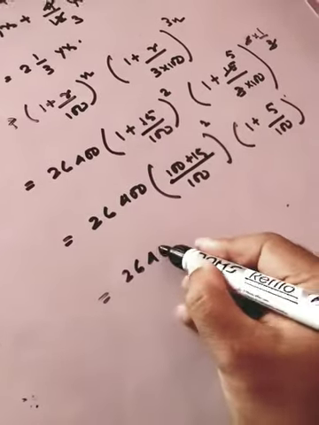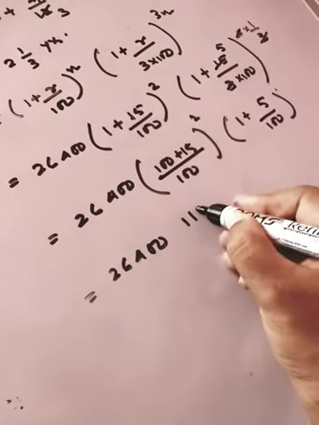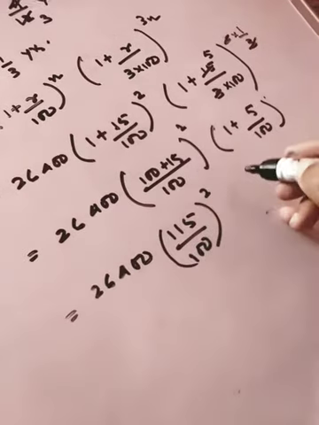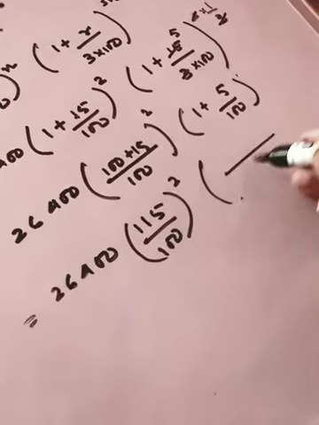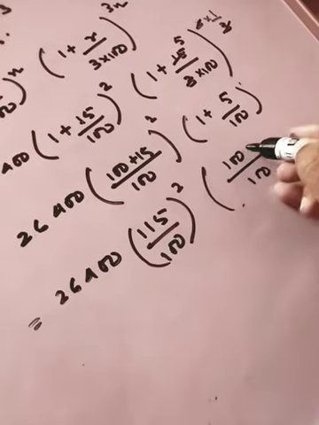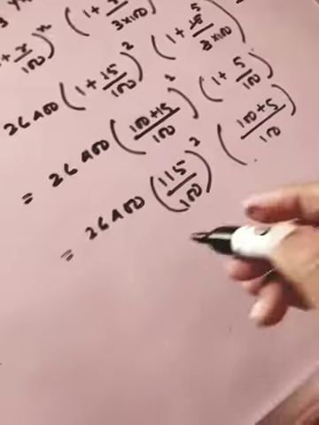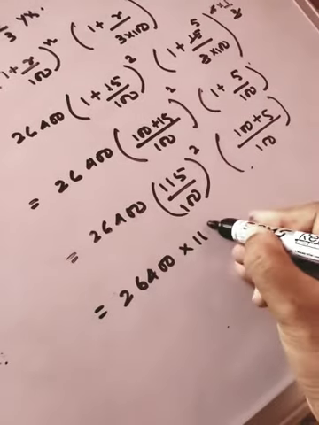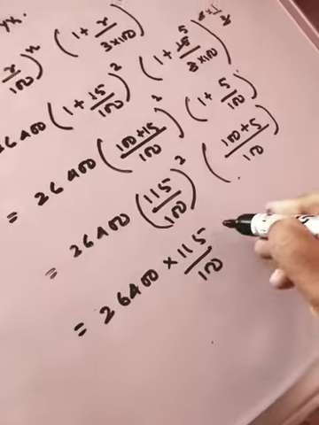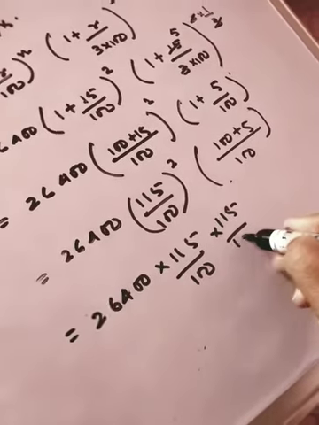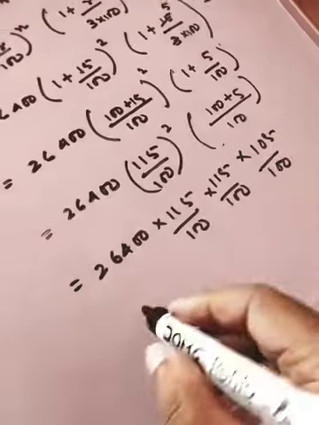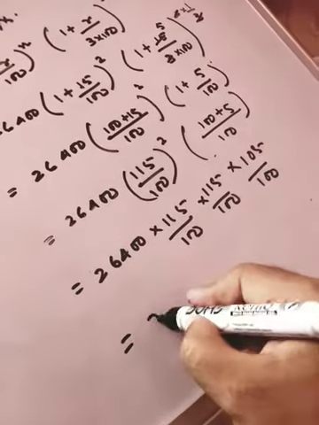So 26,400 would be 115 by 100 square, 100 plus 5, like this. So 26,400 into 115 by 100 into 115 by 100 into 105 by 100. Now once you solve this, you will get the answer.